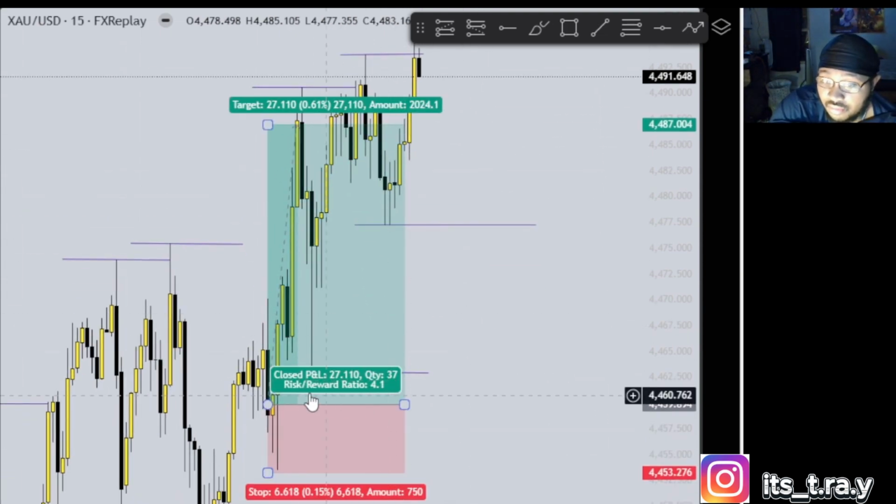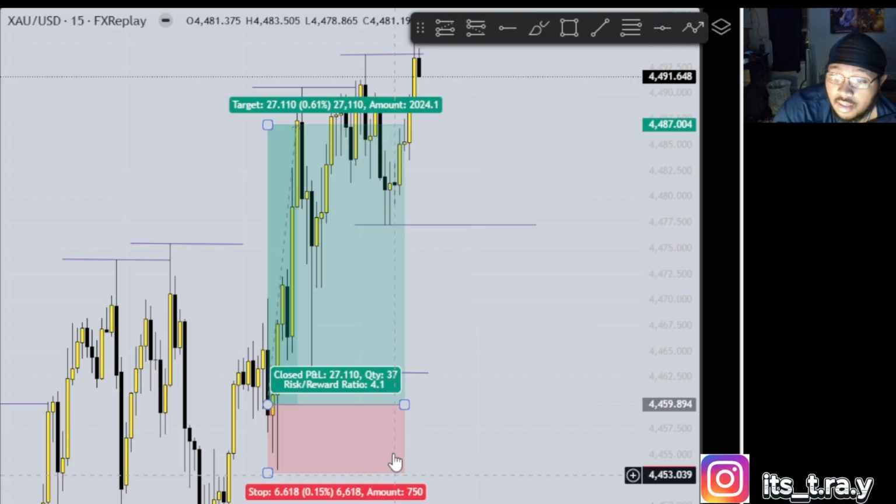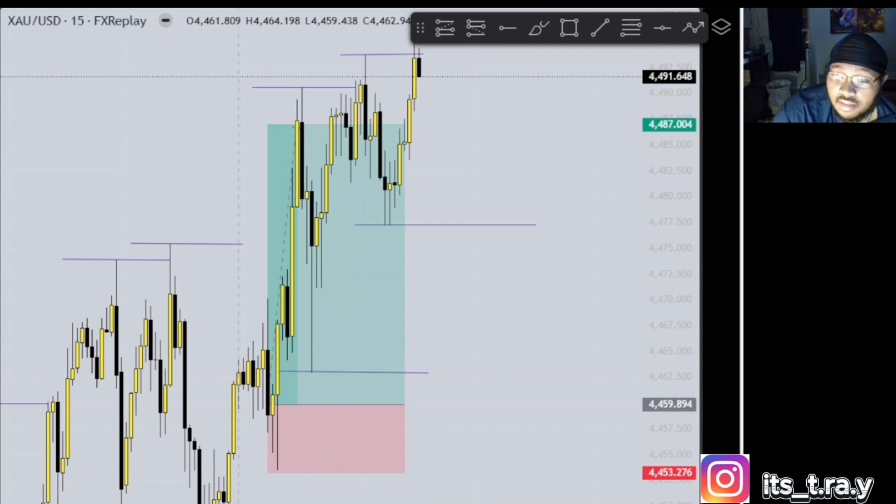What this risk to reward ratio is basically saying is that for whatever I'm risking down here, I'll make 4.1 times that. So let's say my usual risk is about $550-$60. If price comes up and hits here, that'll make 4 times that. Let me get the calculator out.